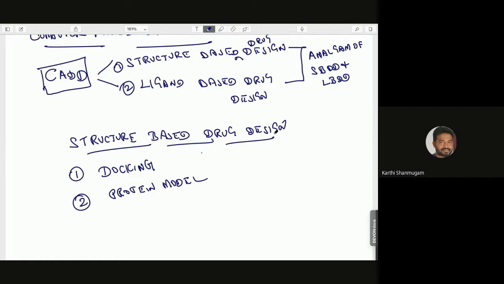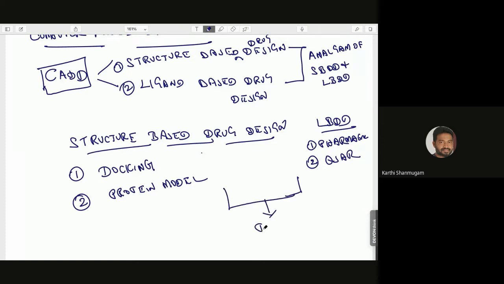Okay, so examples for ligand based drug design: the pharmacophore given in the title is an example for ligand based drug design, or QSAR is an example for ligand based drug design. So what's the example for an amalgam of structure based and ligand based drug design?